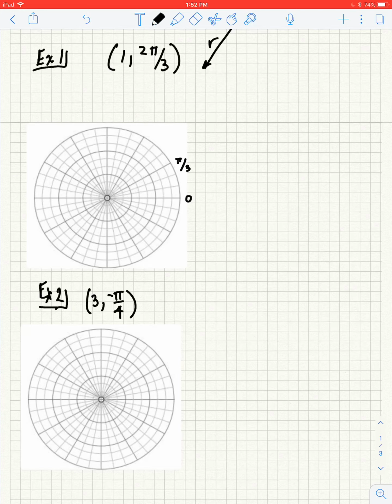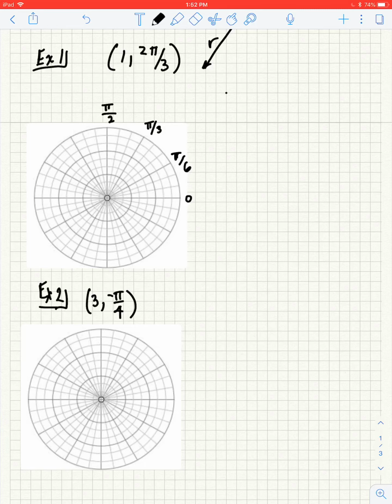If we're breaking it up, this is pi over 3. No, my bad, pi over 6, then pi over 3, and then you have pi over 2, and so on.